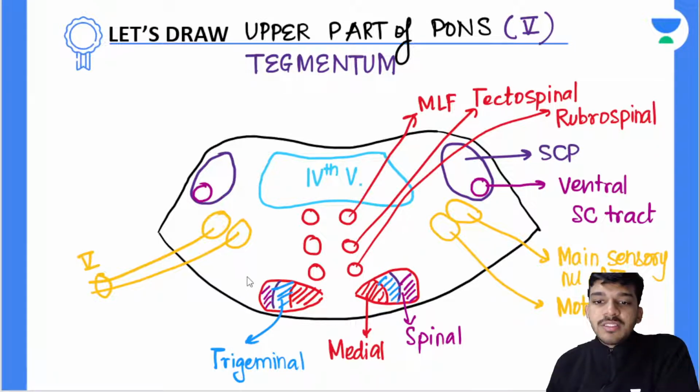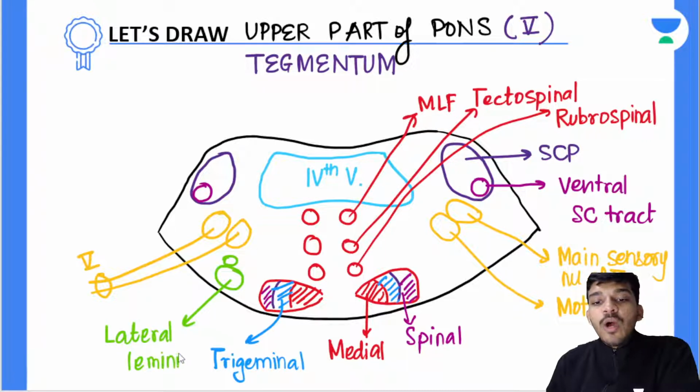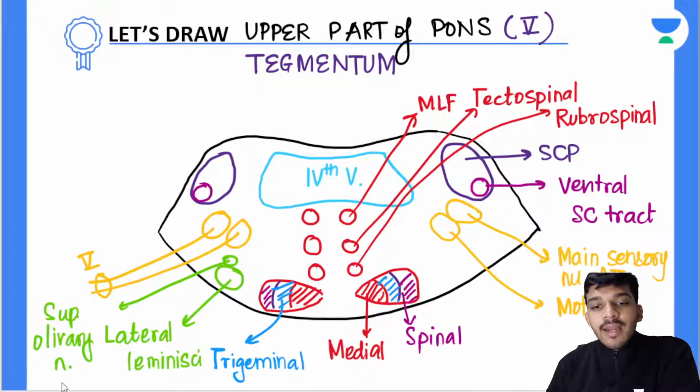One more structure is the lateral lemnisci, and the lateral lemnisci are related to hearing. Related to hearing, you have another nucleus called the superior olivary nucleus.